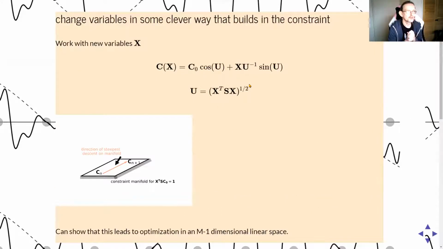But what can be done is to make a clever change of variables. I'm running rather short of time already, so I'm going to skip through this, but you can make a change of variables that will build in the constraint that the Pauli principle is satisfied.